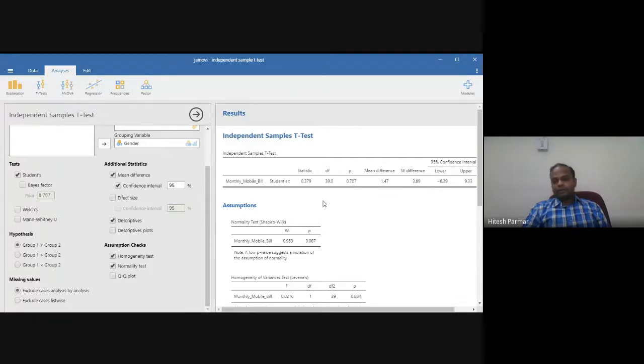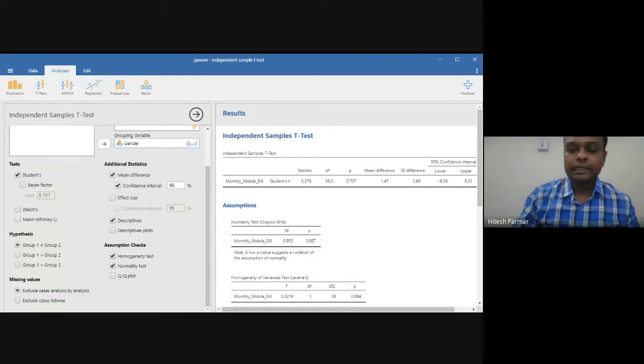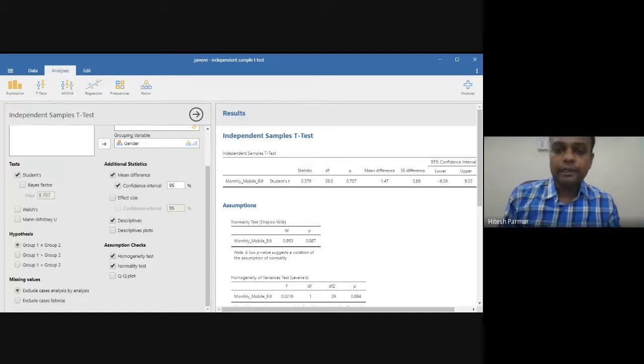So this is the inverse relationship between the calculated value and the p-value. In this way we may interpret the t-test. I hope you are able to understand it.